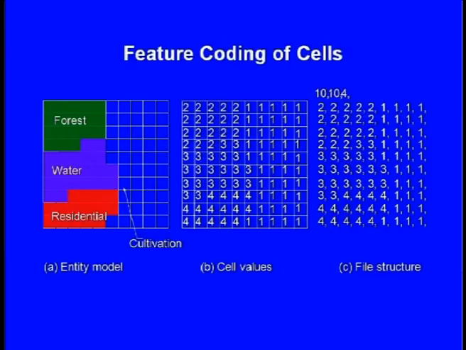Here what we find is that within an entity model, there are 4 types of information which do not overlap. For example, forest, water, residential, cultivation areas, these will not overlap amongst themselves and will have discrete and separate locations.